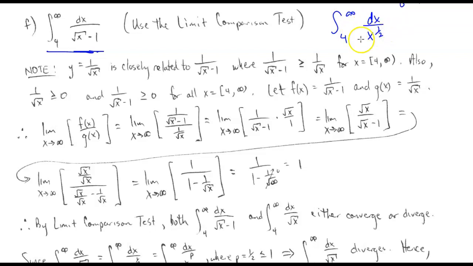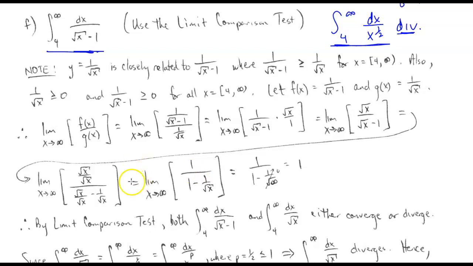Okay. And of course we know that this particular improper integral will diverge. We know that because this value here of p is less than or equal to 1. So of course this diverges. And so we want to try to do what we can to use this fact as quickly as possible.